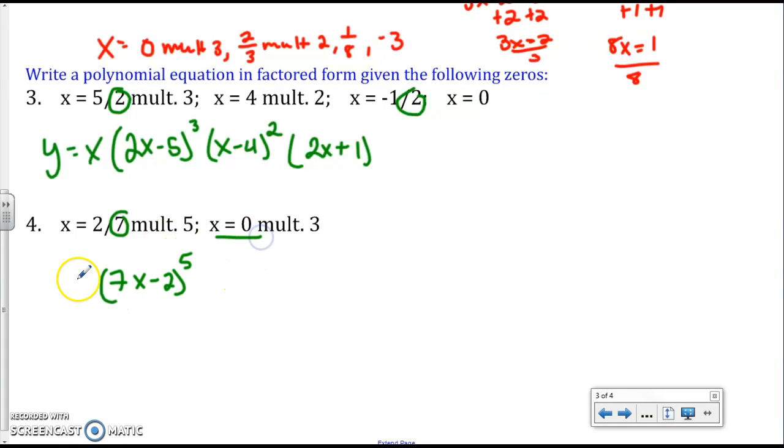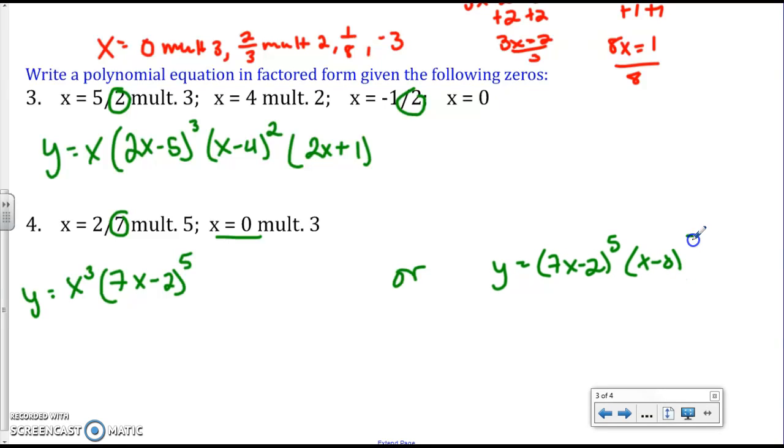For the next one, I have an x equals 0 with a multiplicity of 3. So I'm just going to go ahead and write it like that right away. Some of you might write it like this though, which is absolutely fine. Okay, this works as well.